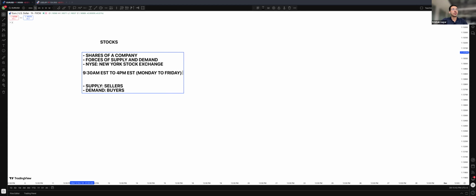You can open a new position and close your positions between these trading hours. This is when the market is open: you can trade the markets, invest, adjust your positions, buy more assets, sell assets, and so forth.